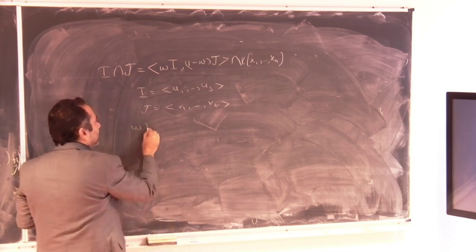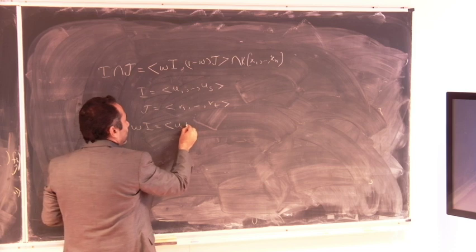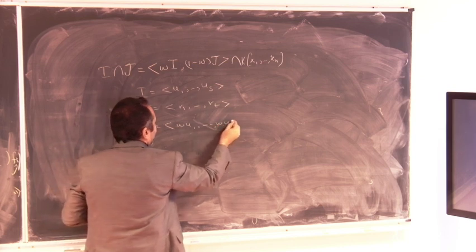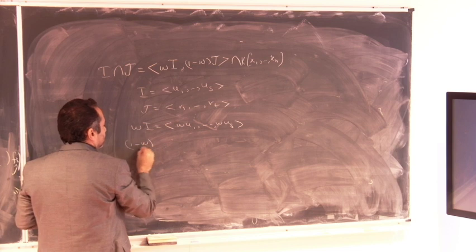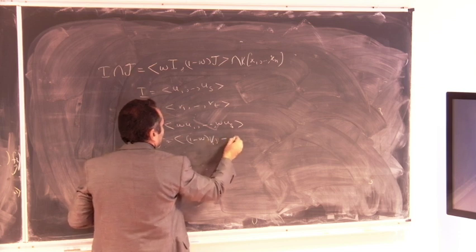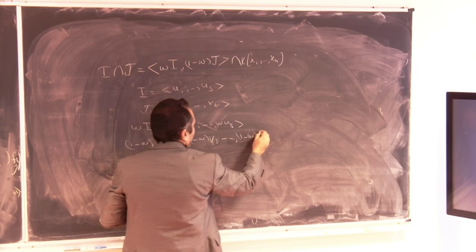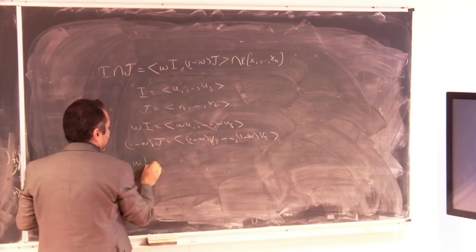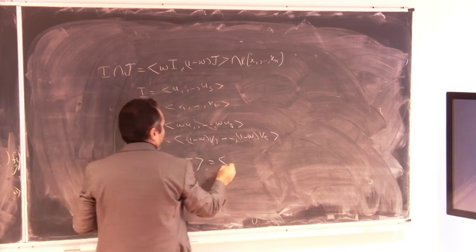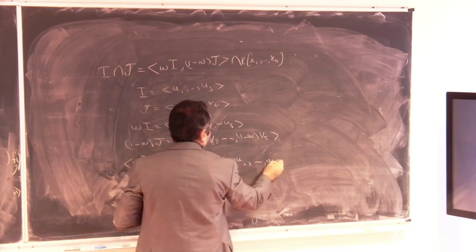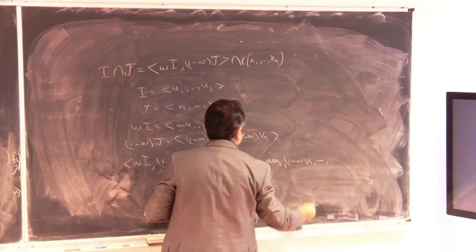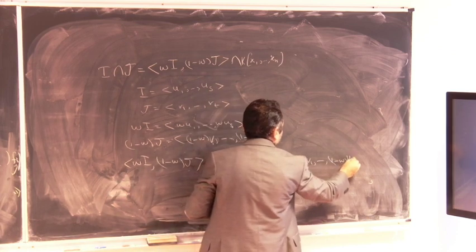Then w times I is generated by w times u1 up to w times us, and for 1 minus w times J you need to multiply 1 minus w with each generator v1 up to vt. So this new ideal is generated by w u1 up to w us, and then 1 minus w times v1 up to 1 minus w times vt.